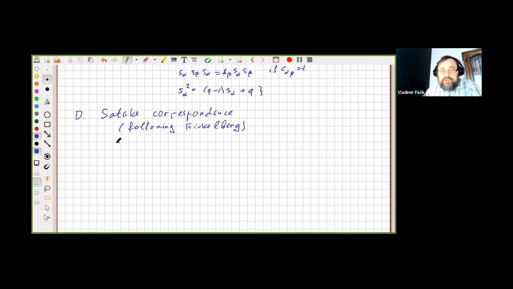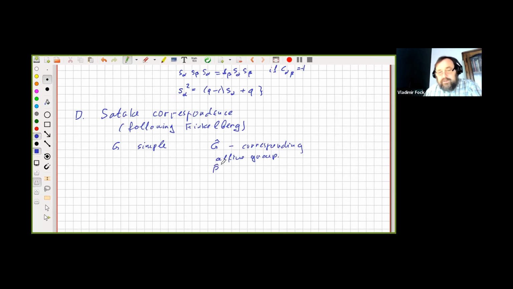So if G is a simple group, and we'll consider G hat as the corresponding affine group, and P is a maximal parabolic.